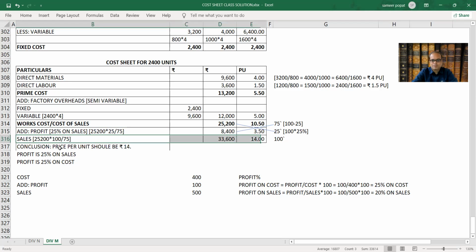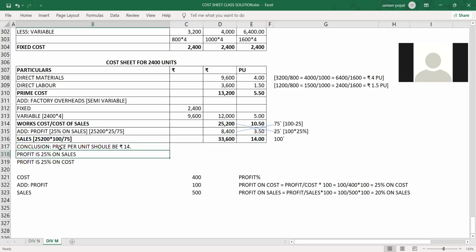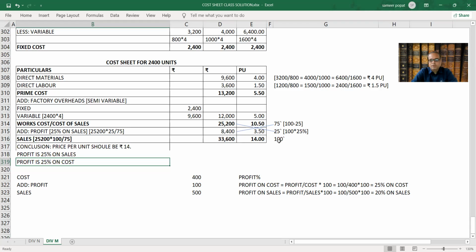Sir, can you explain the cross multiplication again? Here profit is 25% on sales, so assume sales to be 100. Of 100, 25% would be profit, so it would be 25 rupees. Sales minus profit gives cost, which would be 75. Now out of 75, 25 and 100, we know the amount corresponding to 75, that is 25,200.